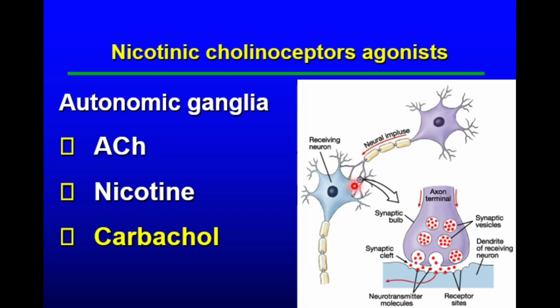They trigger a burst of action potential discharge by the ganglion cell body. Therefore, agonists at the cholinoceptors of ganglia exert indirect sympathetic and parasympathetic effects on smooth muscle, cardiac muscle, and exocrine glands.